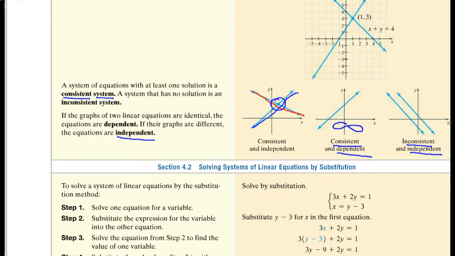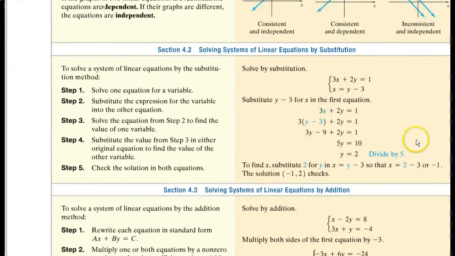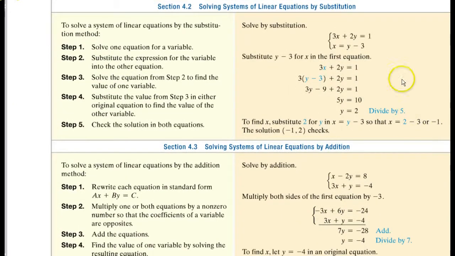Then we went on to show you algebraically how to solve, not by using graphing, but by using algebra, where in this first case they're illustrating substitution.